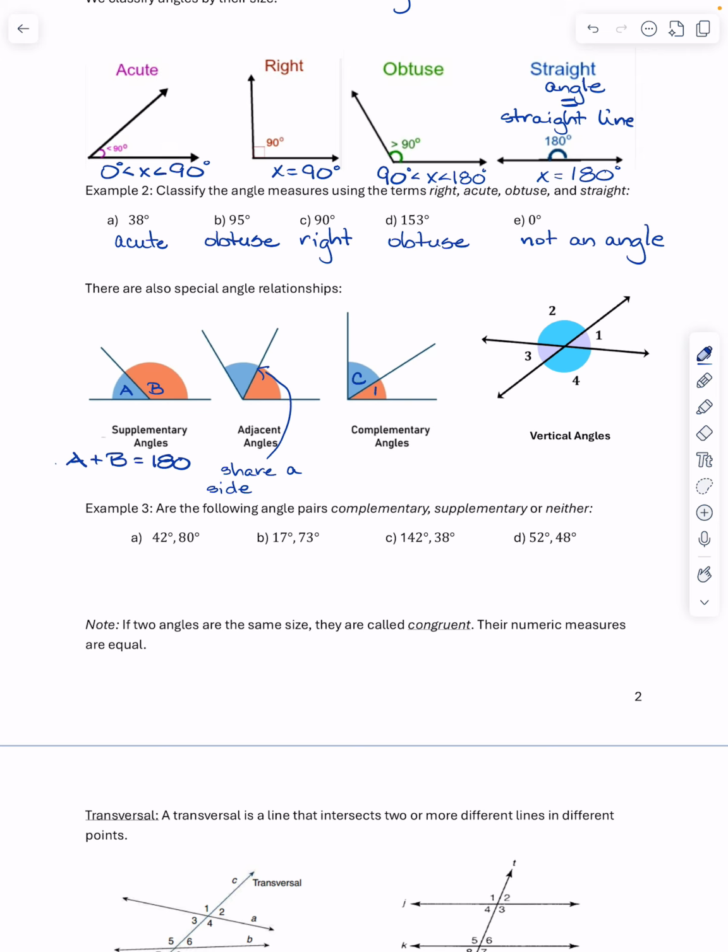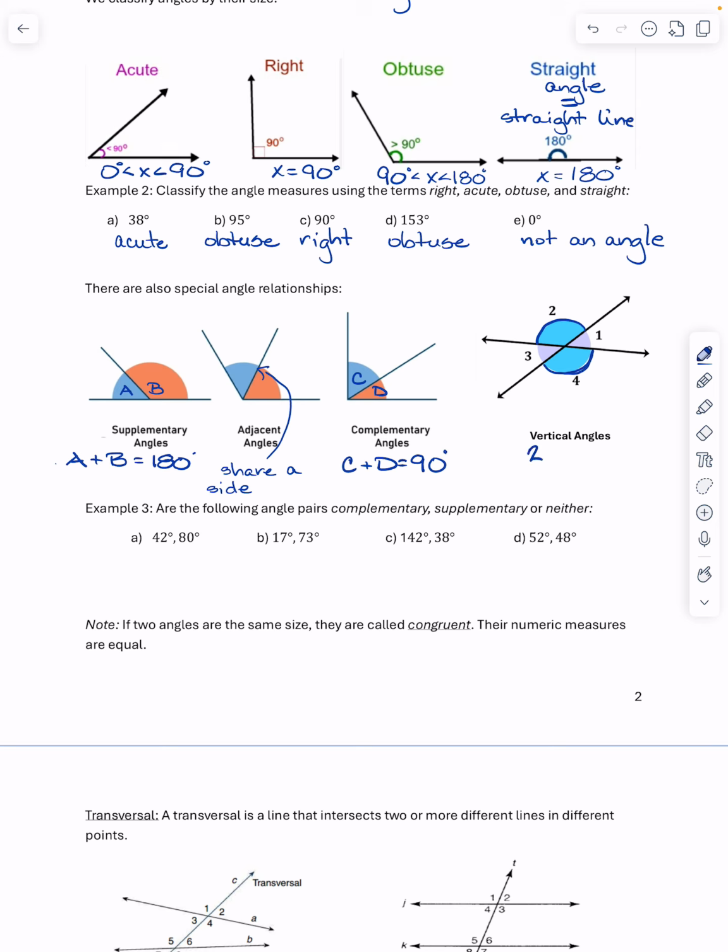Complementary angles, we'll call these ones C and D. Complementary angles add to 90 degrees. The other angle relationship we are going to look at are called vertical angles. Vertical angles are the opposite angles when two lines intersect.